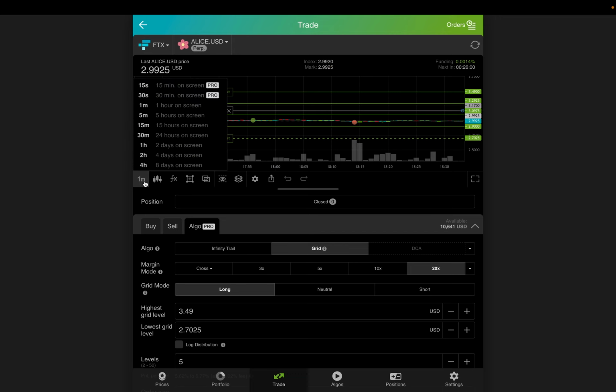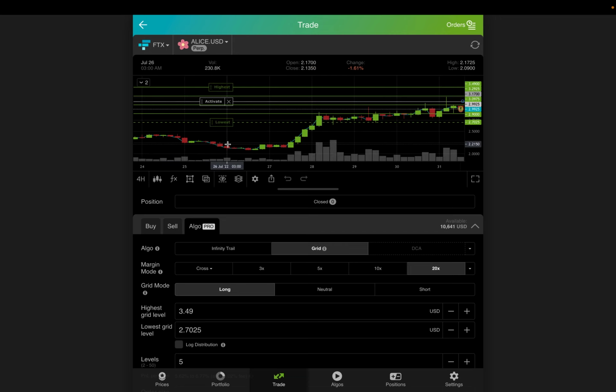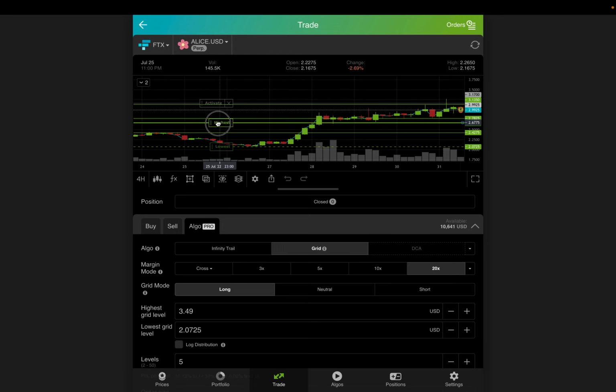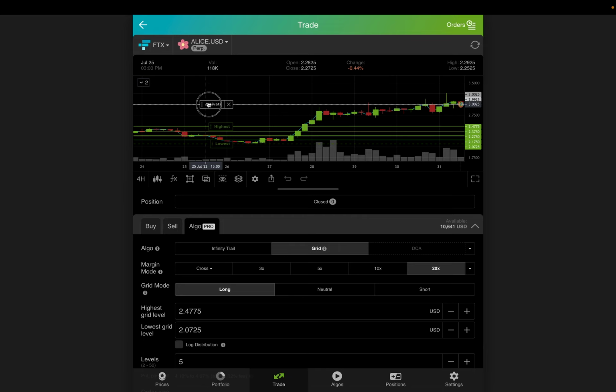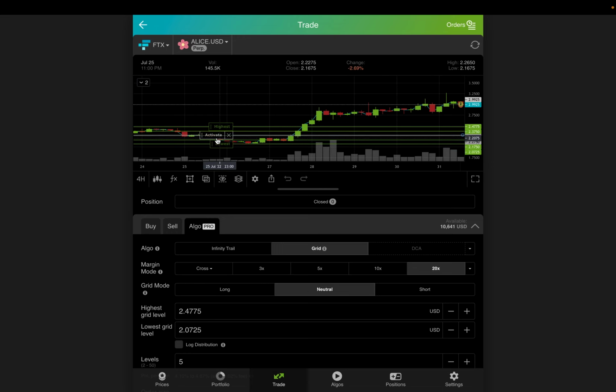Or you have identified some support range here. If you believe that if the price falls down to this level, it will stay in this range, and you want a neutral grid there, then for it to be neutral you actually need to have the activation price here.